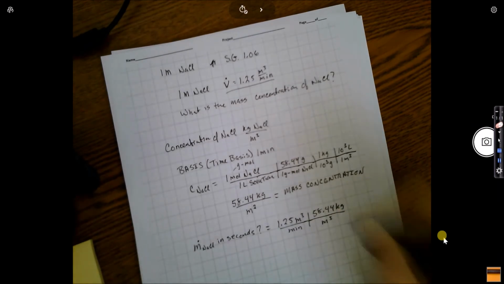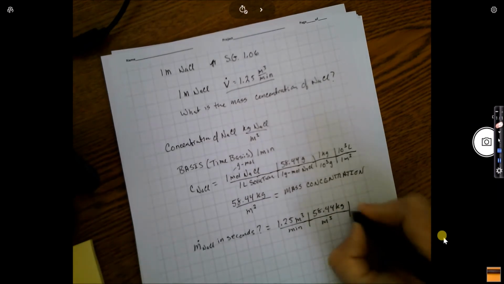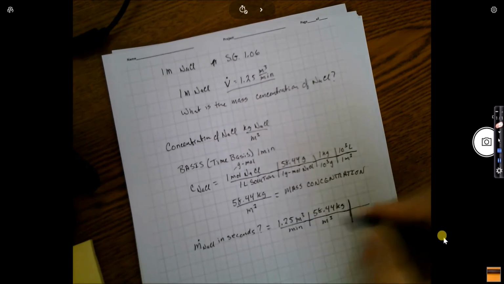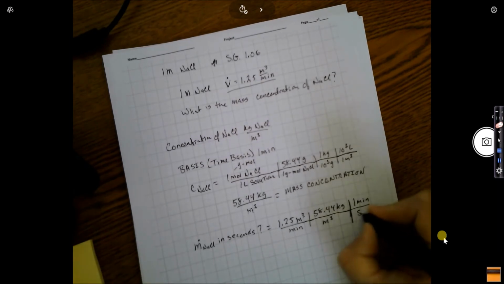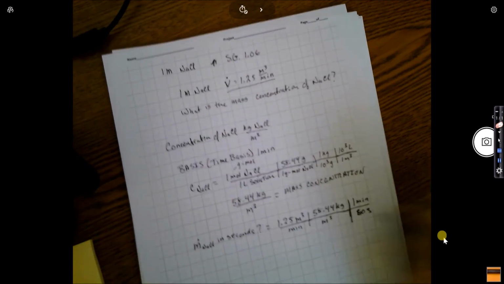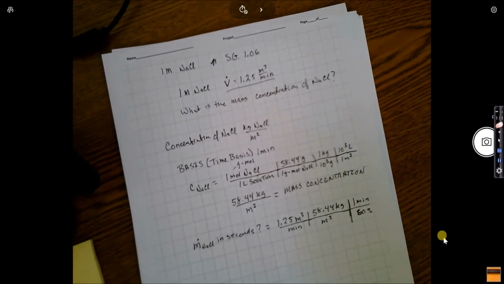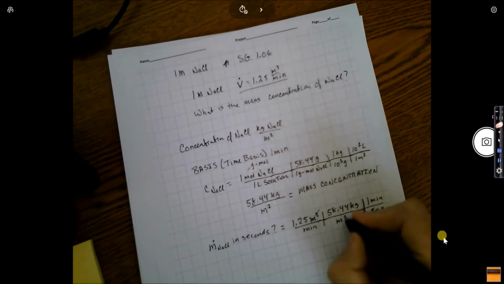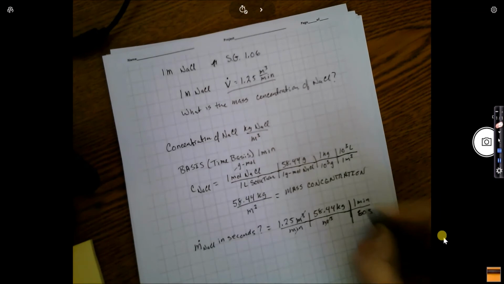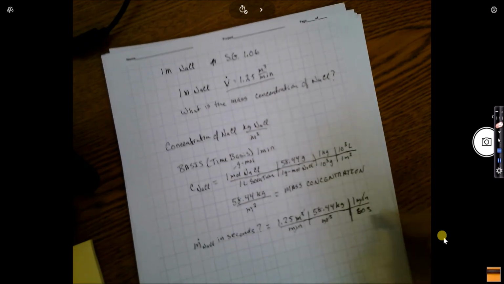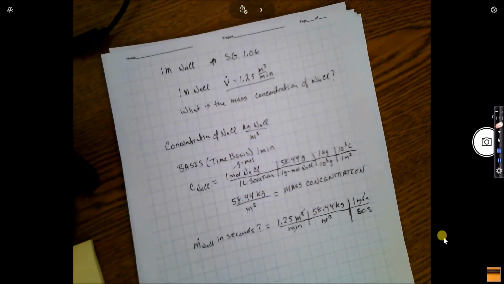Just so it turns out, we want to find this in seconds, and we know we're going per minute, so we'll do 1 minute over 60 seconds. Are we going to get our mass flow rate? Let's check. Meters cubed cancels. Minutes cancel because we want it in seconds. So we're going to end up with mass per second. So yes, we will get a mass flow rate.